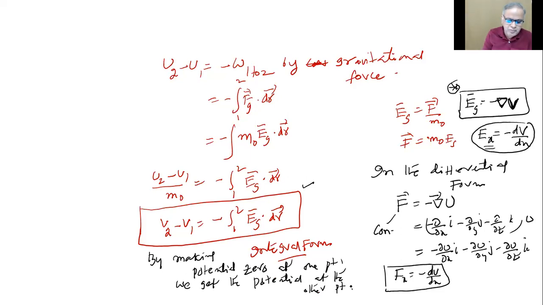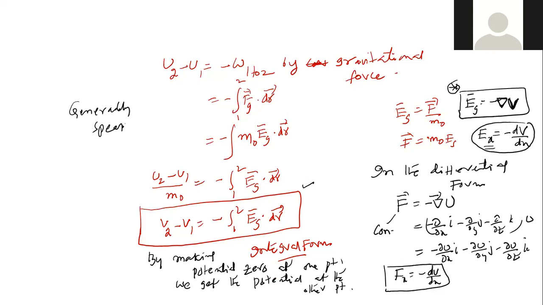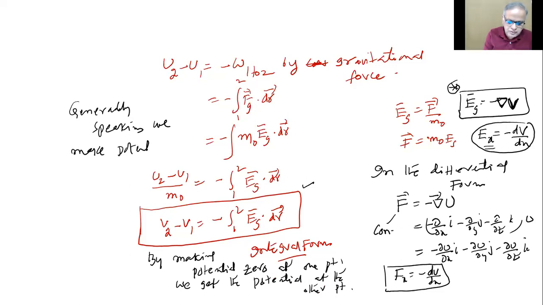Generally speaking, we make potential at infinity zero. We make potential zero at infinity.